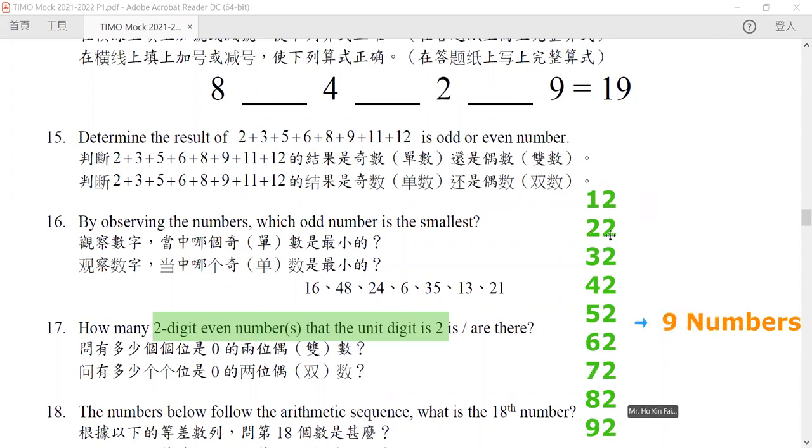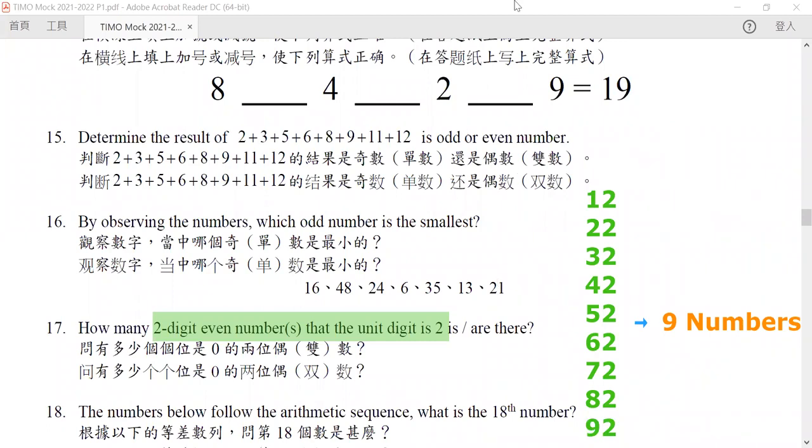These are all the numbers: 12, 22, 32, 42, 52, and up to 92. Now, the next number, which will be bigger than that, would be 102. But 102 is bigger than this, and hence it is not one of them, right?